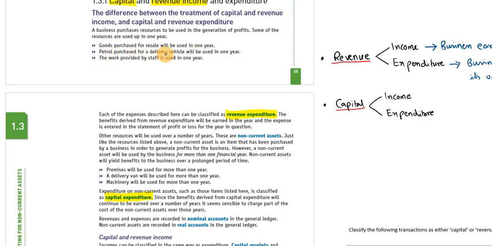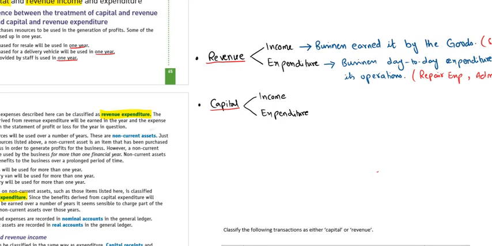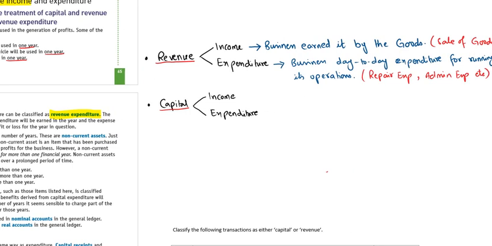Petrol purchased for a delivery vehicle will be used in 1 year. The work provided by staff is used in 1 year, which is the wages earned by the labor. All these expenditures incurred by the business fall under a duration of 1 year or less. So every expenditure which the business incurs to perform its daily operation is called revenue expenditure.